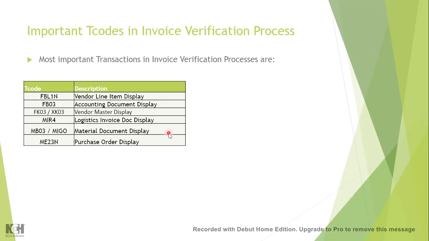These transactions help you to display different documents. For example, FBL1N will help you to display the vendor line items.